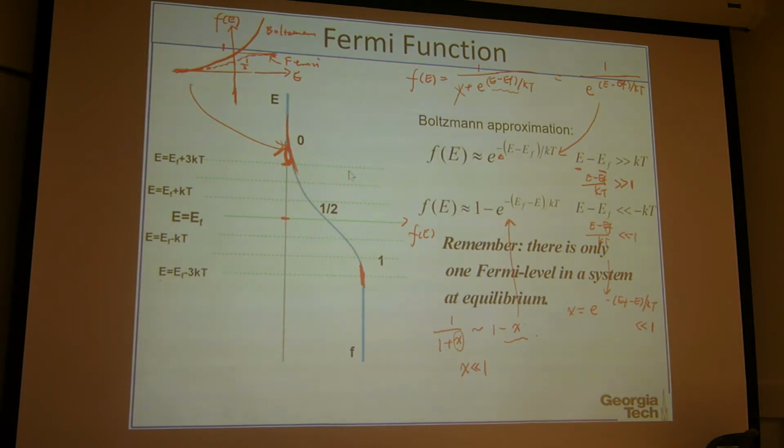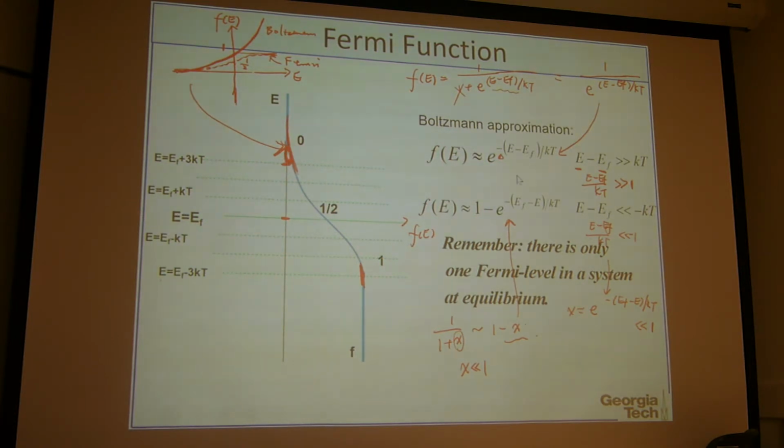We are looking at the tail of this function, which is like an exponential tail because the Boltzmann function is an exponential function. Here we just rotate the x and y so we see the regular exponential function, and we are looking at this tail.